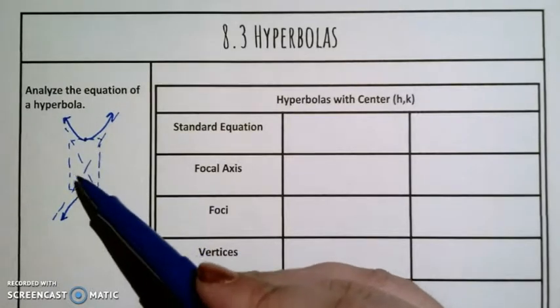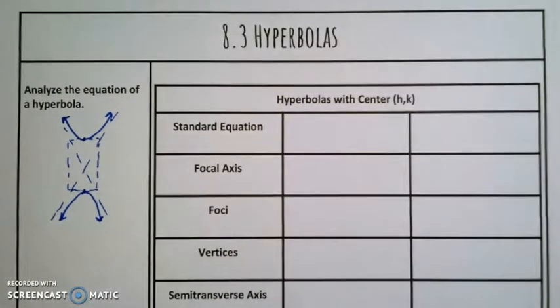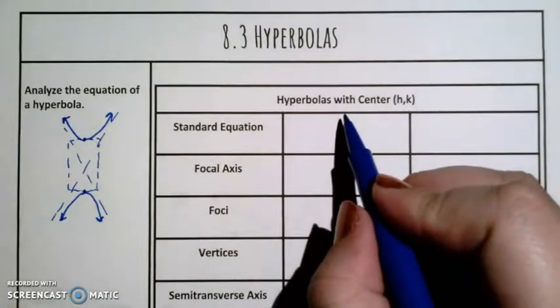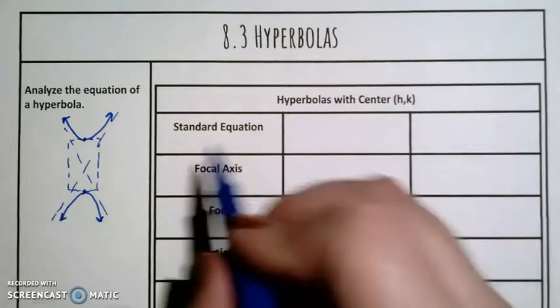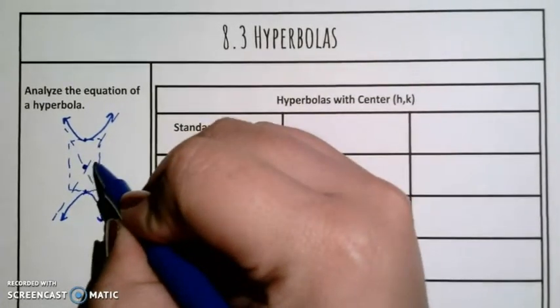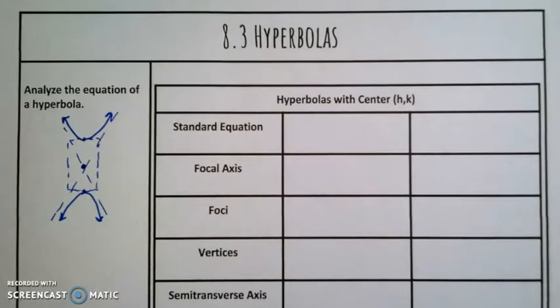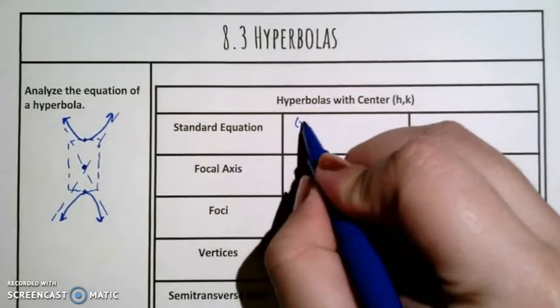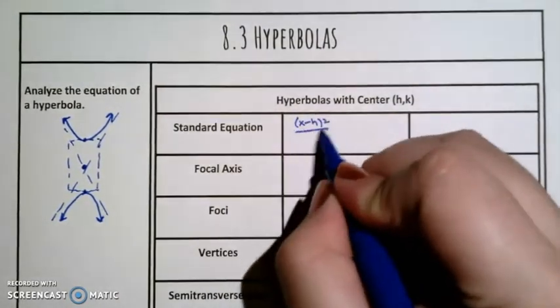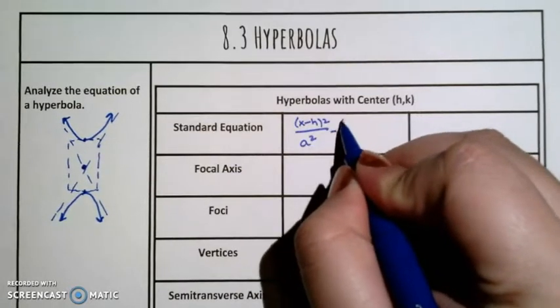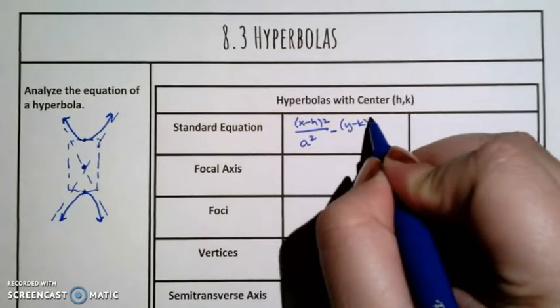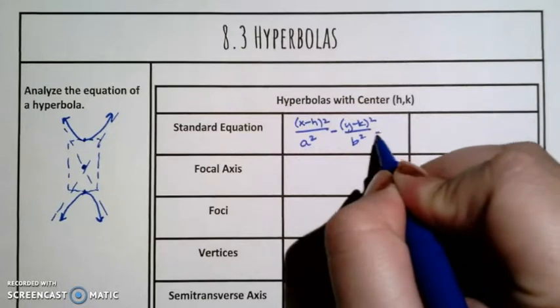Then our a and b are these distances that form our central box. So hyperbolas with a center h, k. As usual, the center is in the middle here. The equation is (x minus h) squared divided by a squared minus (y minus k) squared divided by b squared equals 1.